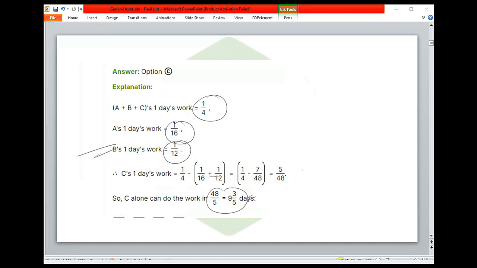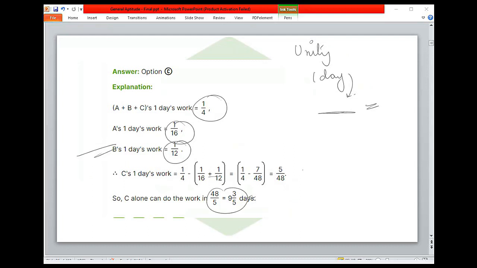You just have to do it in a proper manner. In both these two questions, we use the unitary method, right? We found out for a single day and then we found out for the number of days it was asking us. Clear?